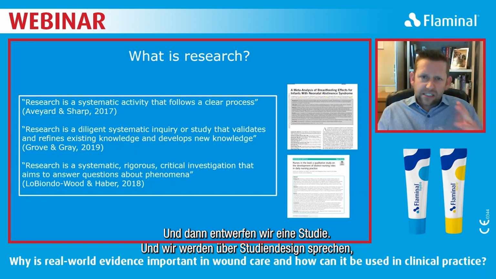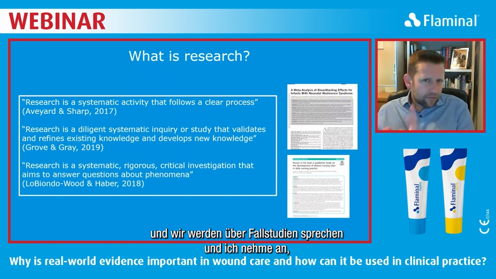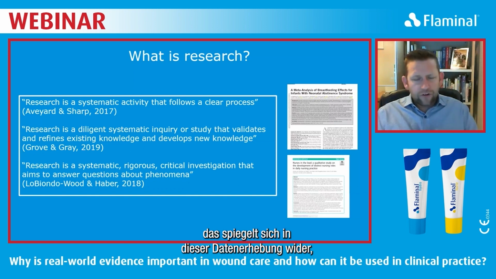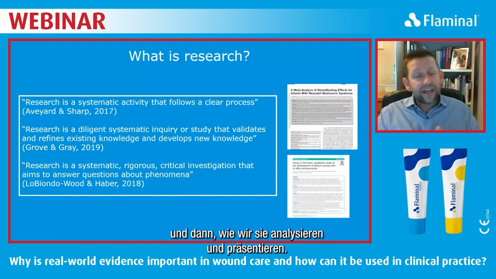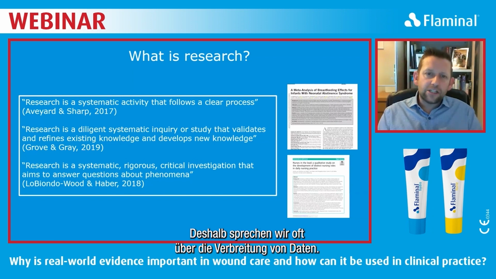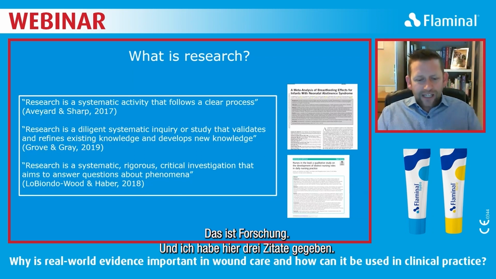Then designing a study, and we'll talk about study design because we're going to talk about case studies, and I suppose that reflects within there that collection of data, and then how we analyse it and then present it. So we often talk about dissemination of data. So that's what research is.